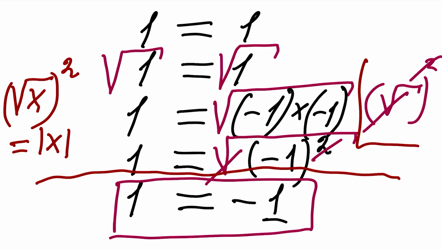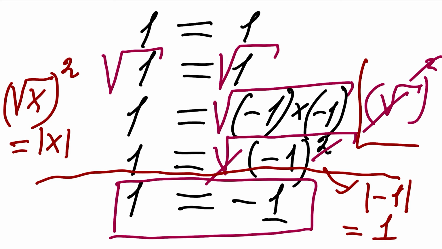that means instead of just removing the square root and this square, this power, we are going to end up getting modulus or absolute value of -1, whatever we have inside. So we are left with modulus, again, of -1, which is in fact 1.